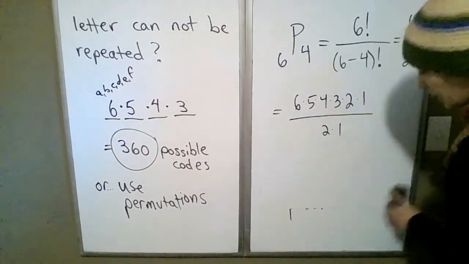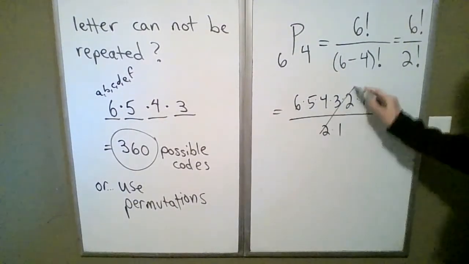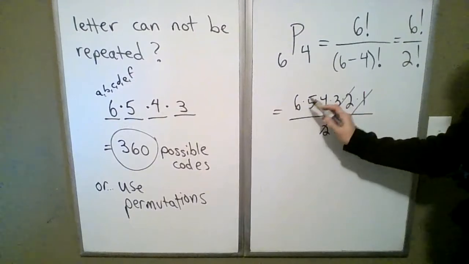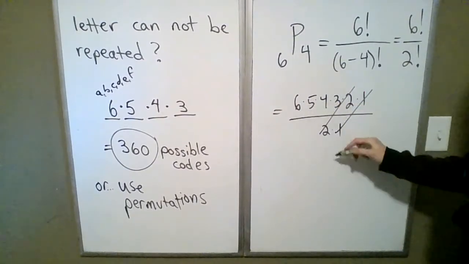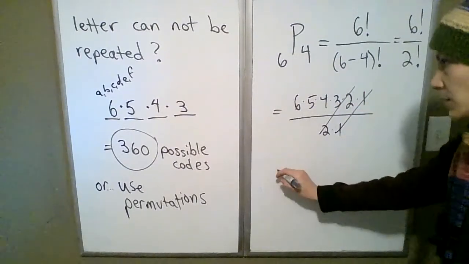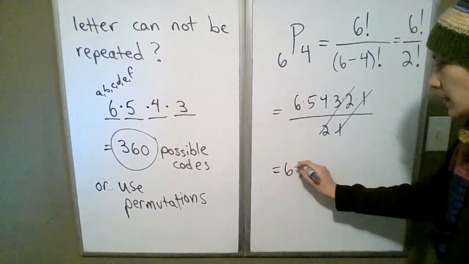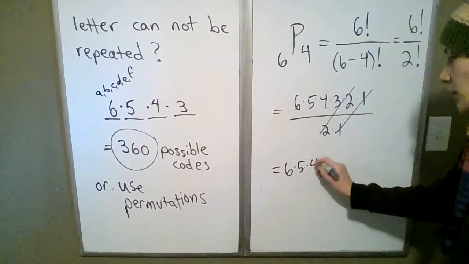One over 1 is 1, 2 over 2 is 1. So this is 6 times 5 times 4 times 3 over 1, or 6 times 5 times 4 times 3. Just results.